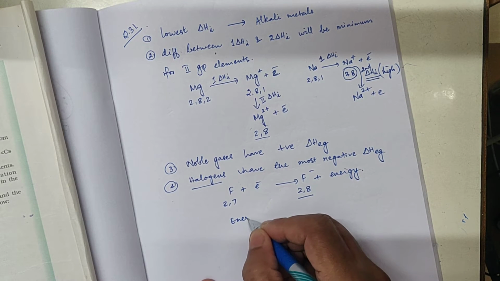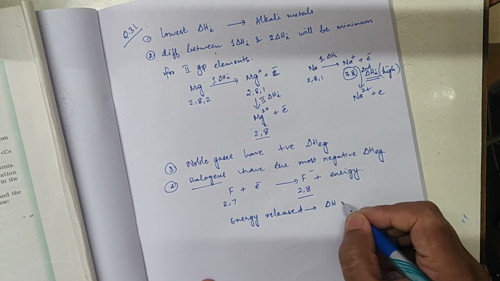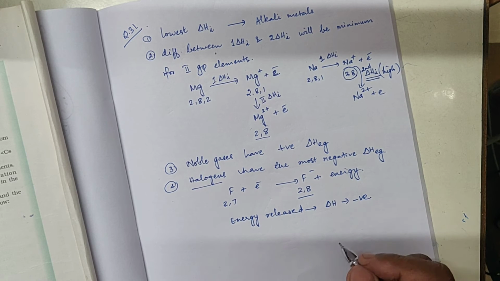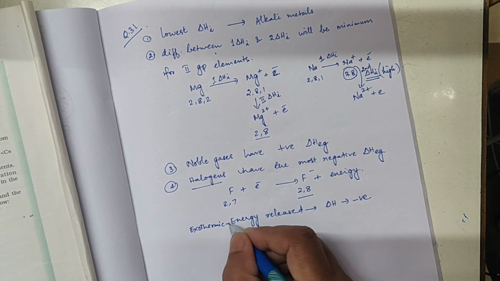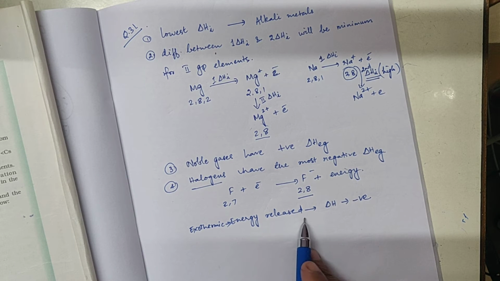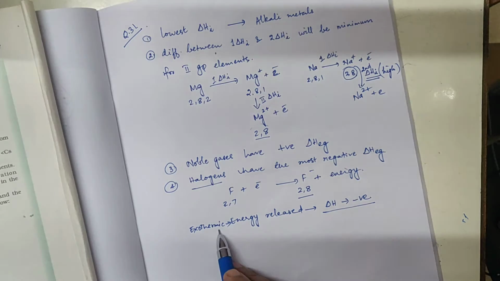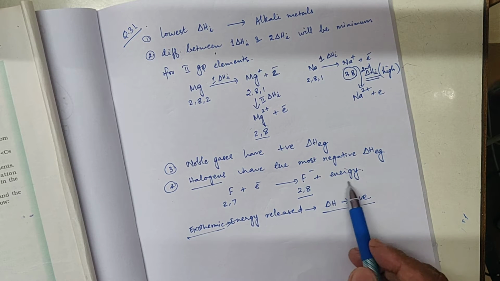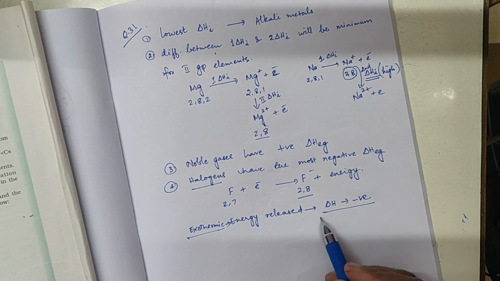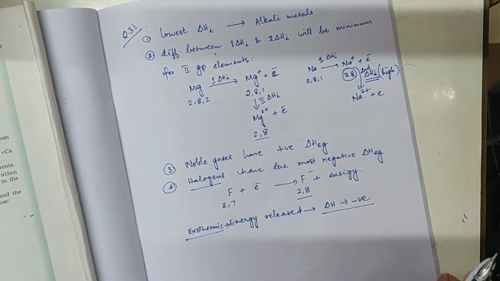Remember, energy released means delta H negative. Or you can say for exothermic reactions, energy is released, and for such reactions delta H will be negative. So you say exothermic reactions will have negative delta H. So this gaining of electron by halogens is a spontaneous reaction where energy is released. So energy released means delta H is negative. And halogens, they have the most negative electron gain enthalpy. So these four things you have to remember.